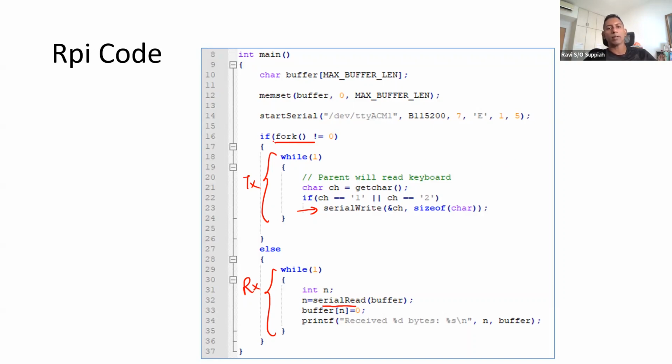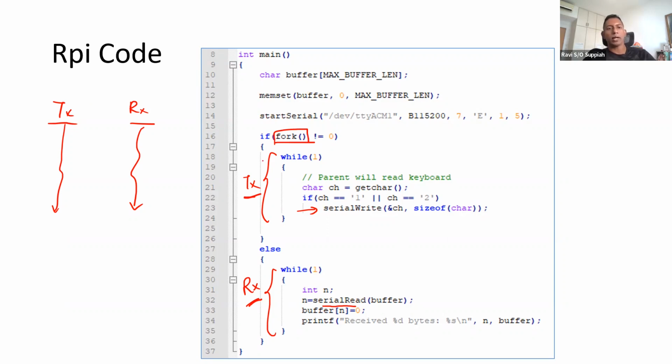What fork does is it helps to separate out the transmit and receive into 2 branches. You can think of it as 2 parallel branches of code running at the same time. One branch will run the transmit code, the other branch will run the receive code. That is possible because we are running Linux on the Rpi, so it supports multi-threading.